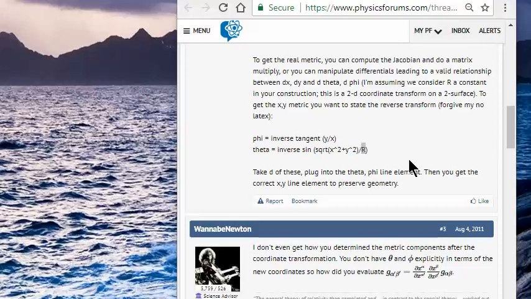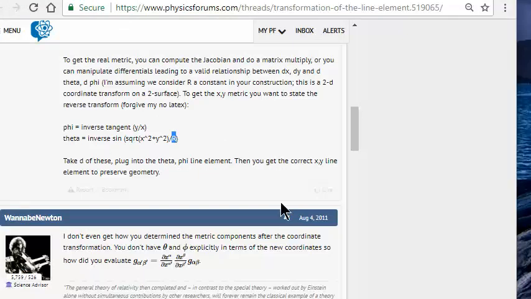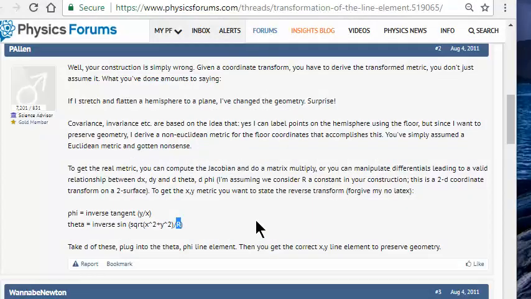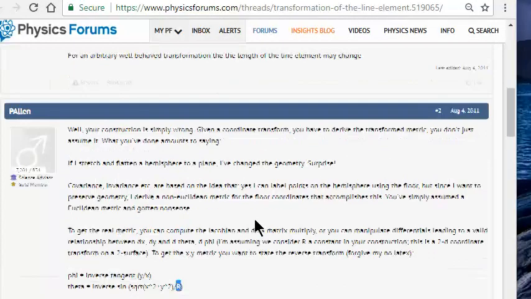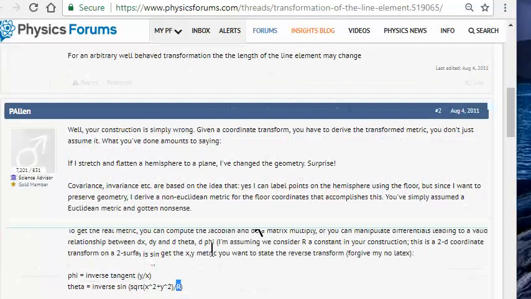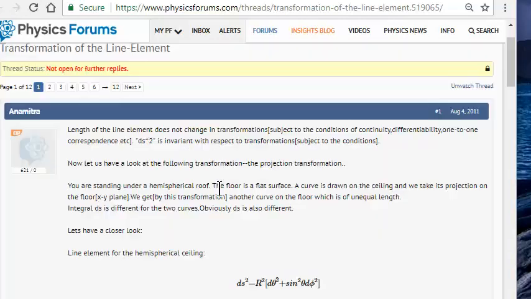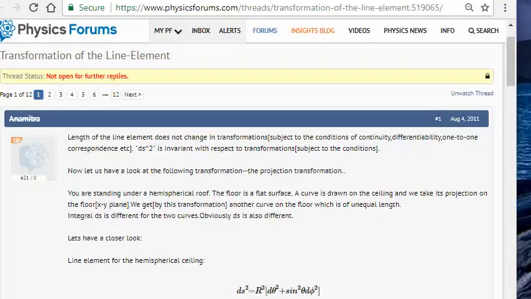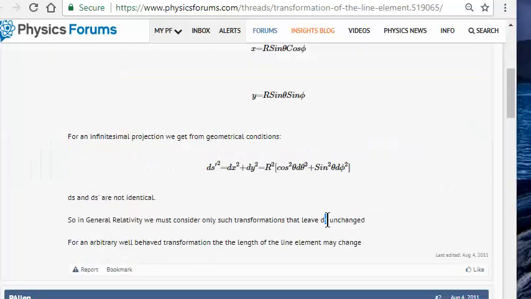I'll have to look over it. I'd be surprised if it was really an error. But anyway, he's expressing a lot of consternation, saying your construction is simply wrong. I don't think his construction is wrong. What I think is wrong is right here.